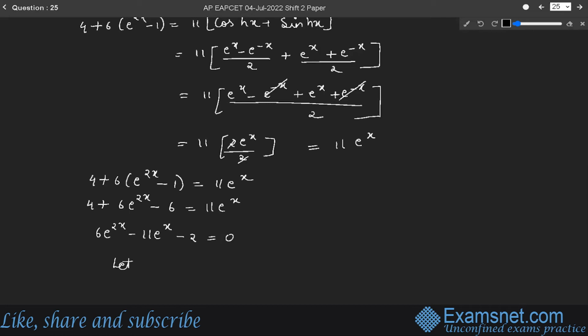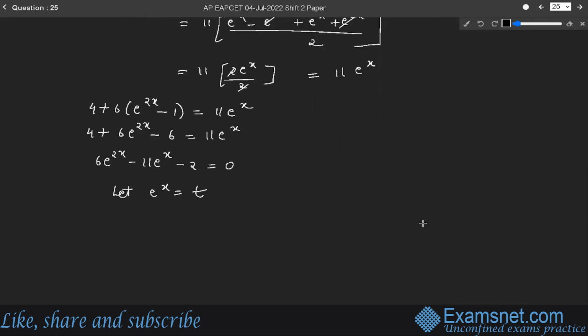Now let e^x be equal to t. If e^x is equal to t, then the equation becomes 6t² minus 11t minus 2 is equal to 0. Now what we have to do is find the factors for this equation by splitting the middle term. So it can be written as 6t² minus 12t plus t minus 2 is equal to 0.